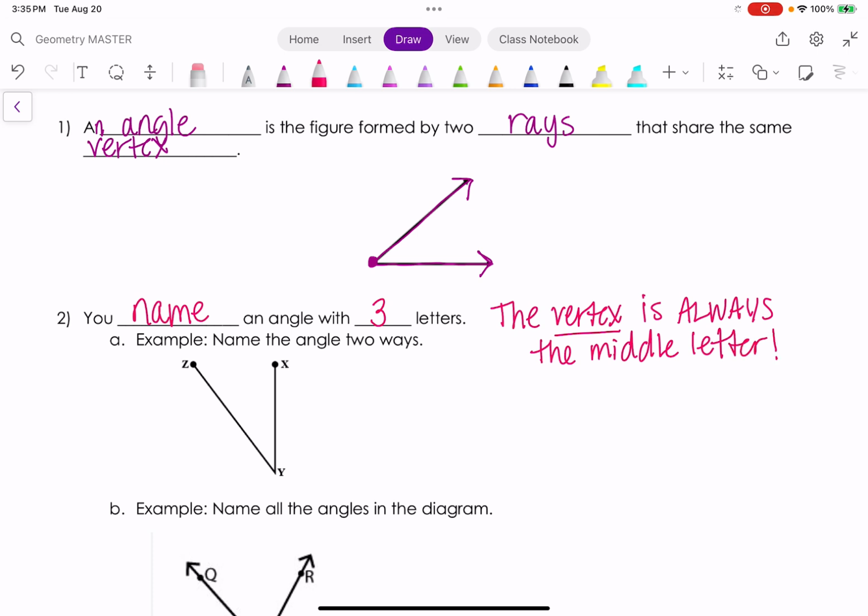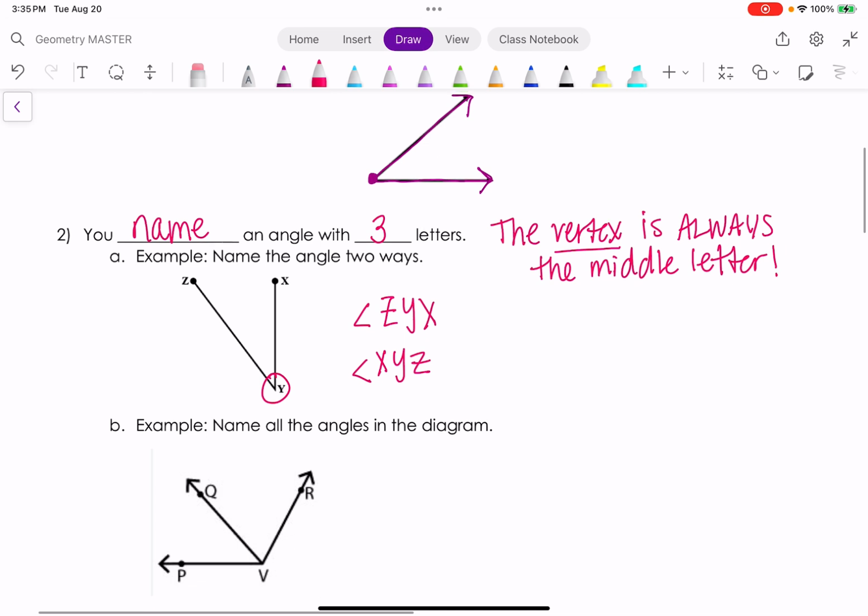For example, I could name this one angle ZYX, that's the symbol for angle, or I can name it angle XYZ. But no matter what, that Y has to be in the middle.